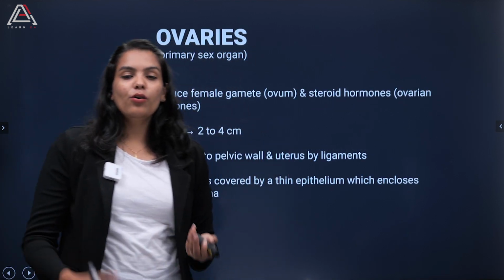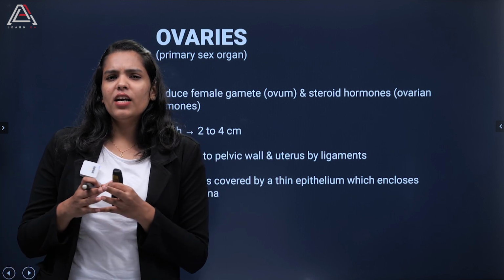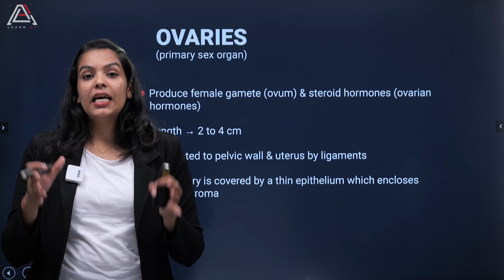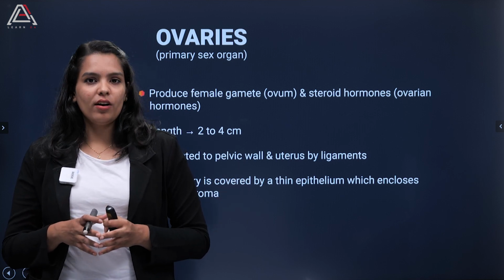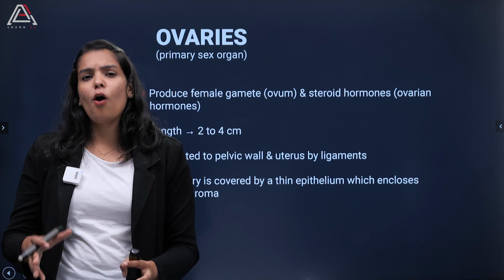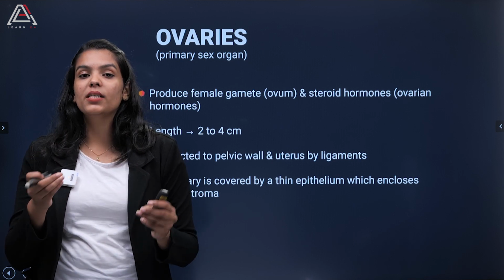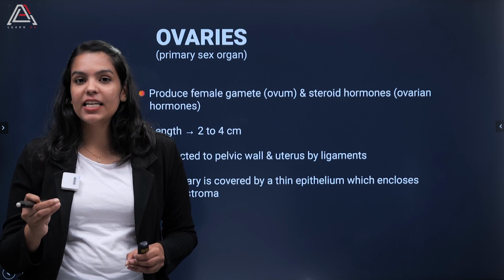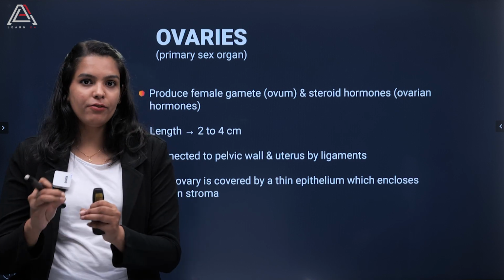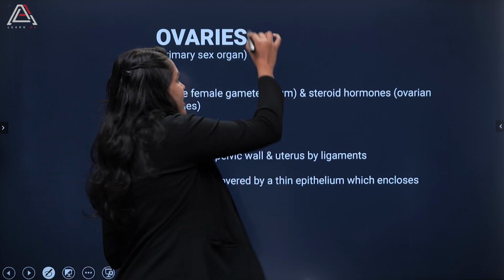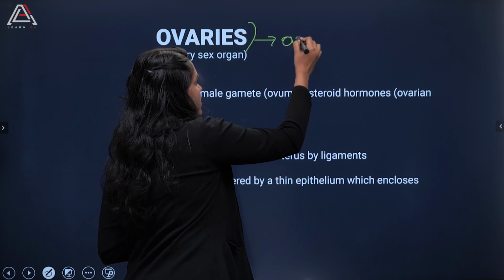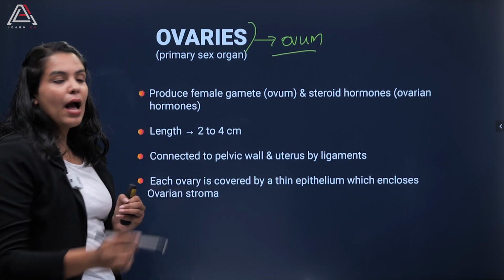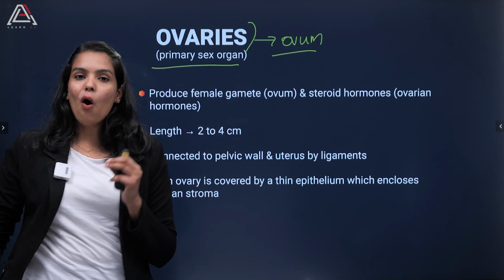Talking about ovaries, in the female reproductive system the ovary is a primary sex organ. It's from the ovaries that the ovum is produced, which is nothing but the gamete itself in the case of the female. From the ovaries the ova are produced, so that is why it is considered a primary sex organ.